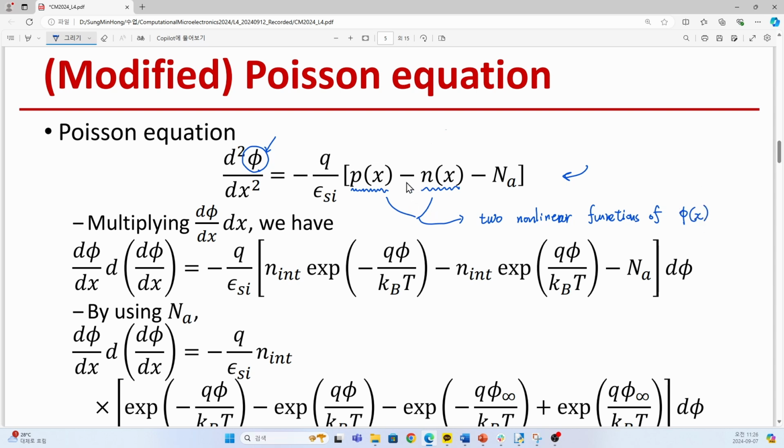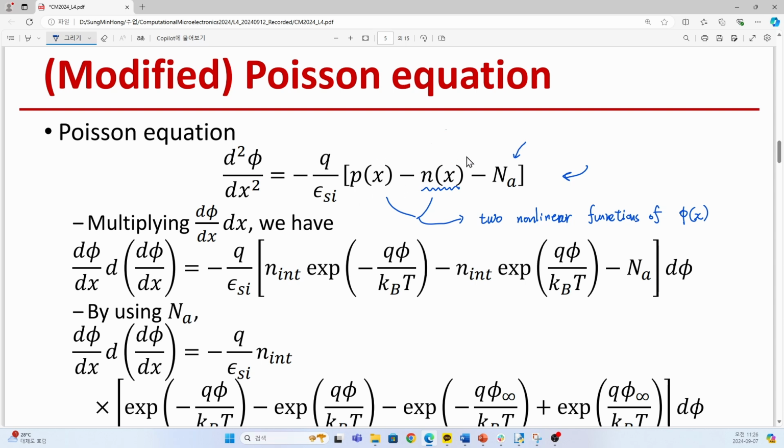The electron density and hole density at a given position are nonlinear functions of the electrostatic potential evaluated at that position, and this is just a constant. So now you can treat it as an equation for electrostatic potential.